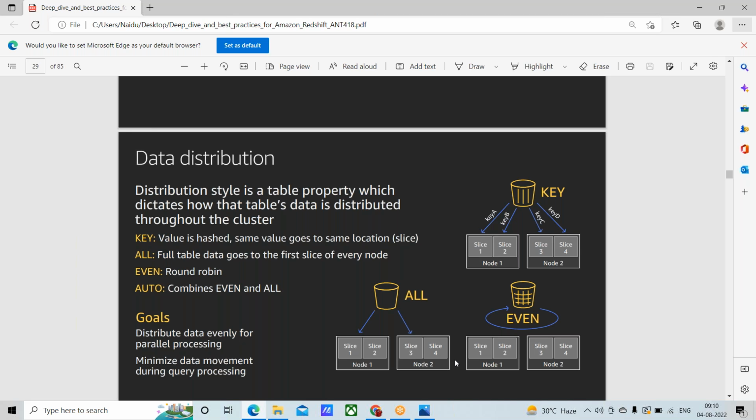Here we need to note one point: if records are unique, they will be distributed evenly. If duplicate records are coming, they will all go to the same slice. I can give an example. You are going to a movie theater, right? People with the same ticket fare go into the same class.